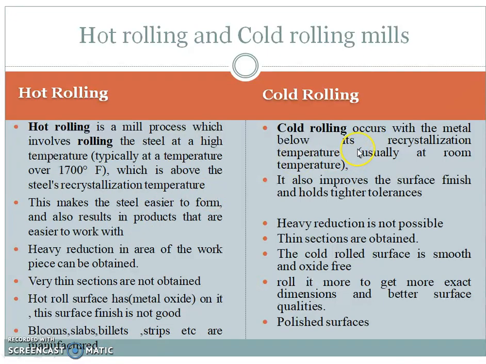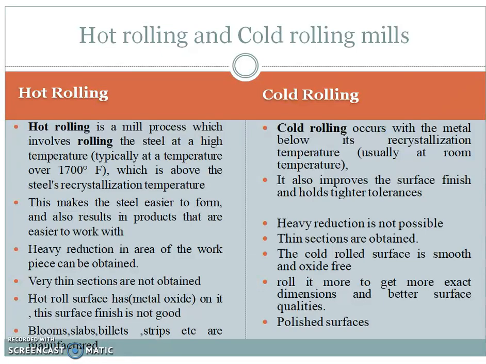As compared to this, the cold rolling mill: you can check the sentence here. Cold rolling occurs with a metal below its recrystallization temperature, or at room temperature. It also improves surface finish and holds tighter tolerances. That means the finished product's surface finishing takes place here. There is not much reduction in size, but thin sections can be made, smooth and finished.